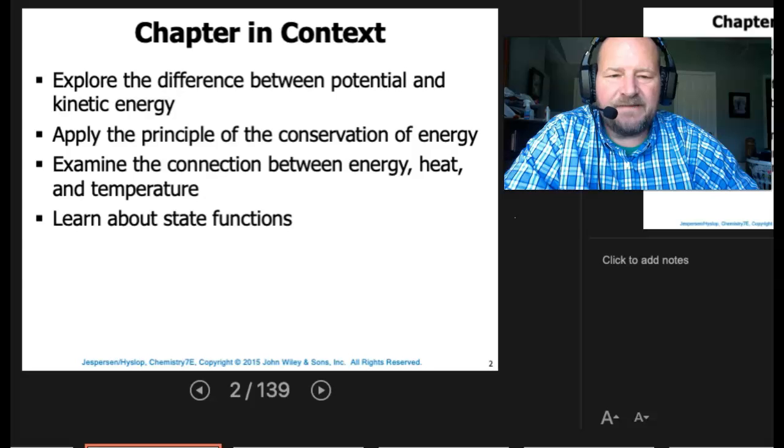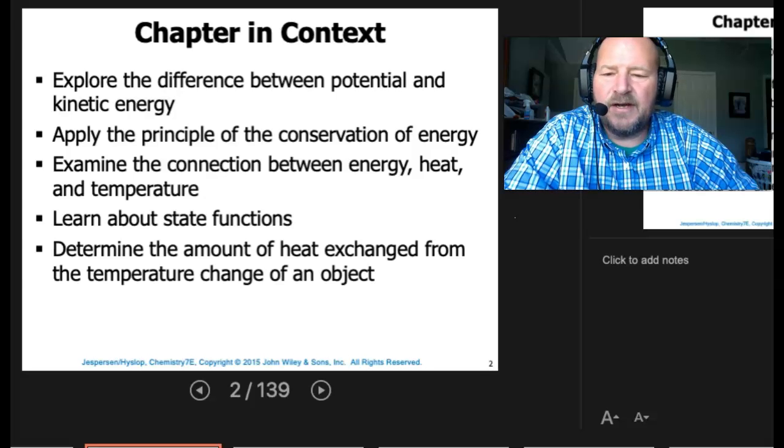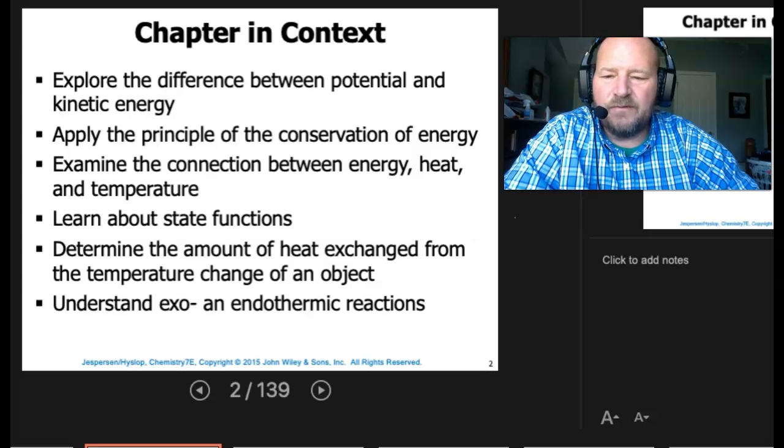We'll learn about state functions, and then we'll determine the amount of heat exchanged from the temperature change of an object. And then we're going to try to understand exo and endothermic reactions.